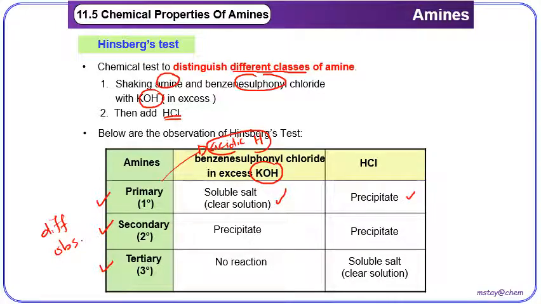For the secondary amine, because it has no acidic hydrogen, you will keep getting the precipitate. Even after you add on the HCl, the precipitate will remain. For the tertiary amine, when you react it with the benzene sulfonyl chloride in excess KOH, it has no acidic hydrogen as well.